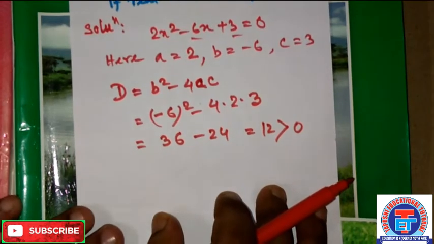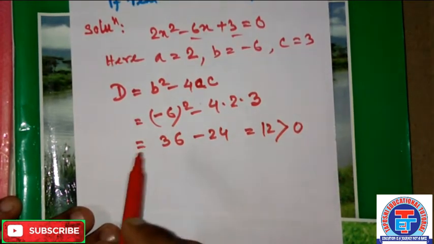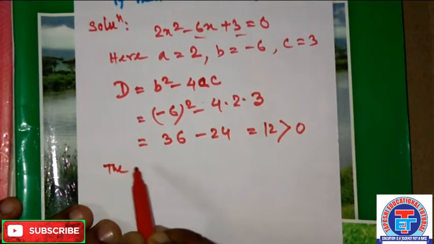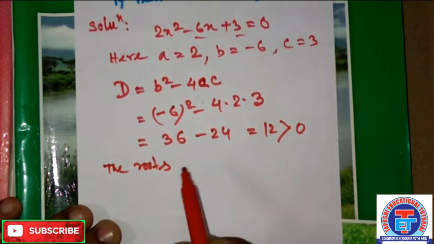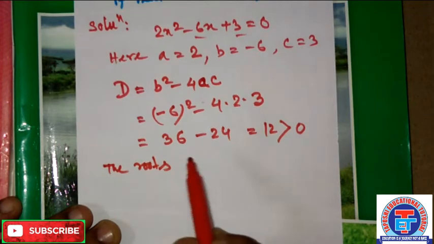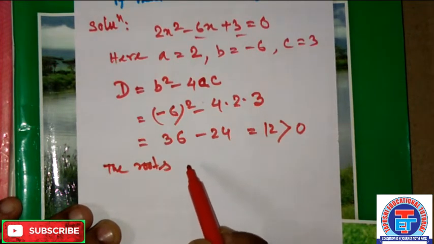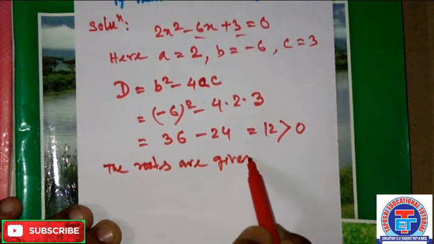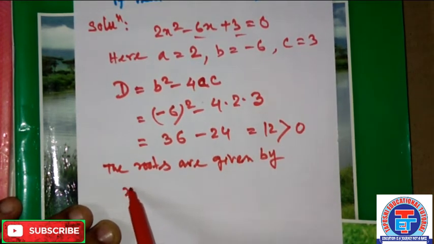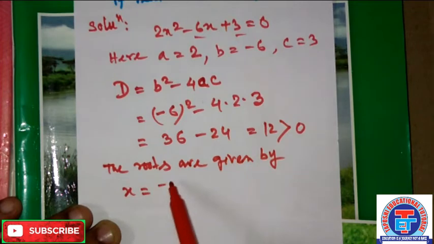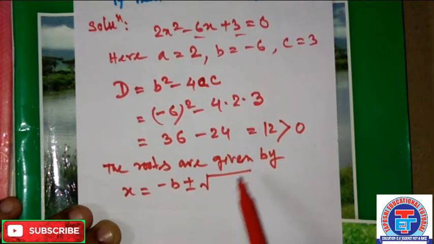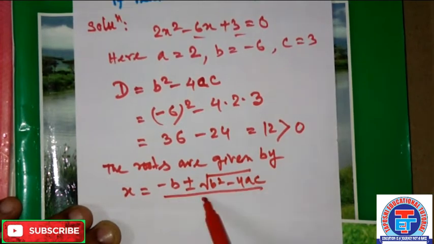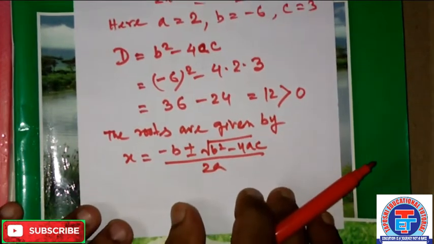So the roots are given by x is equal to minus b plus minus root over b square minus 4ac, by 2a, right?